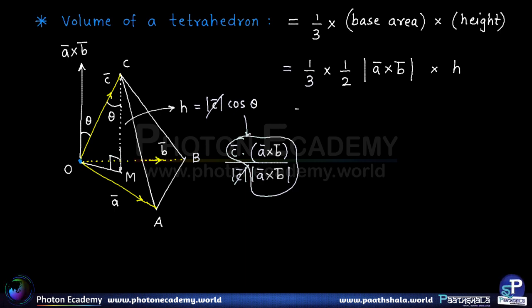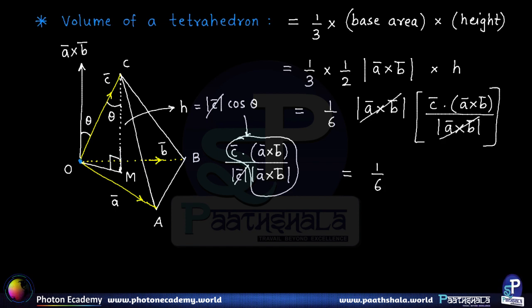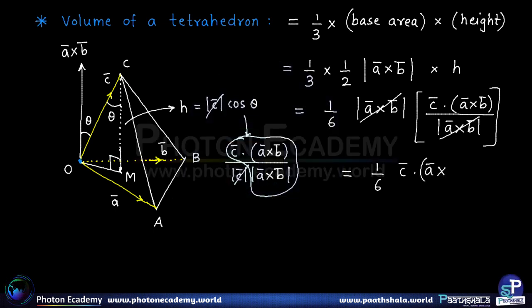So on substituting we get 1/6 into mod of A bar cross B bar into C bar dot A bar cross B bar divided by mod of A bar cross B bar. So the mod of A bar cross B bar gets cancelled, and finally we get 1/6 C bar dot A bar cross B bar.